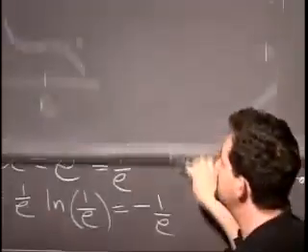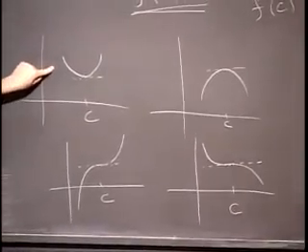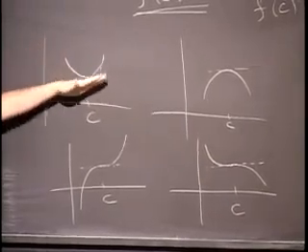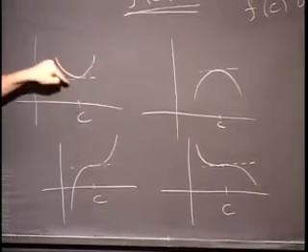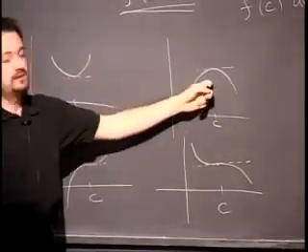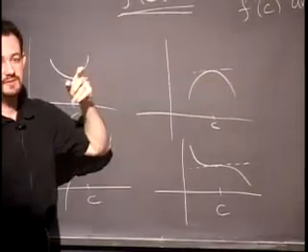Maybe I'll just scroll back over here and take a look at these four situations here. This one, we've got a local minimum. The curve is concave up. So the second derivative is positive. In this case, we're concave down. So the second derivative is negative.